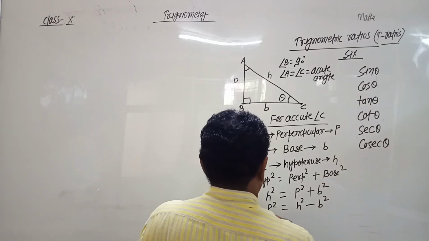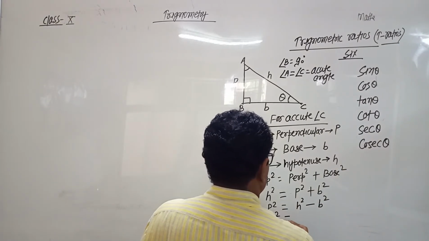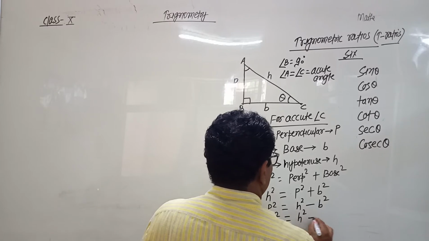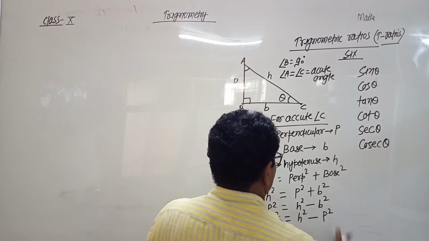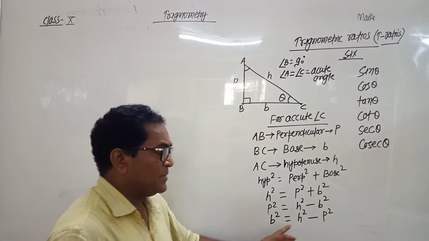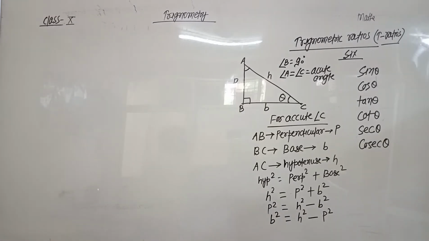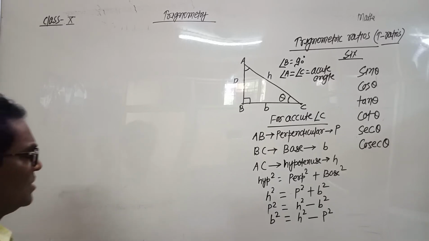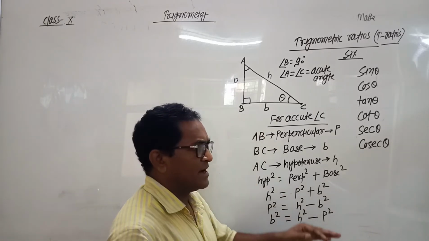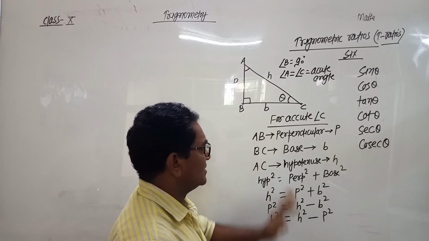And if we have to calculate the base, where hypotenuse and perpendicular are given, then we use the formula base square equals hypotenuse square minus perpendicular square. So if any two sides of a right angle triangle are given, we can calculate the third side.